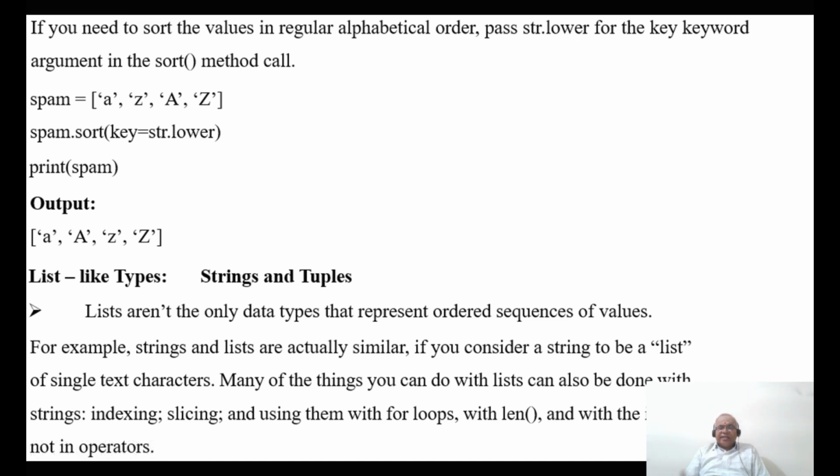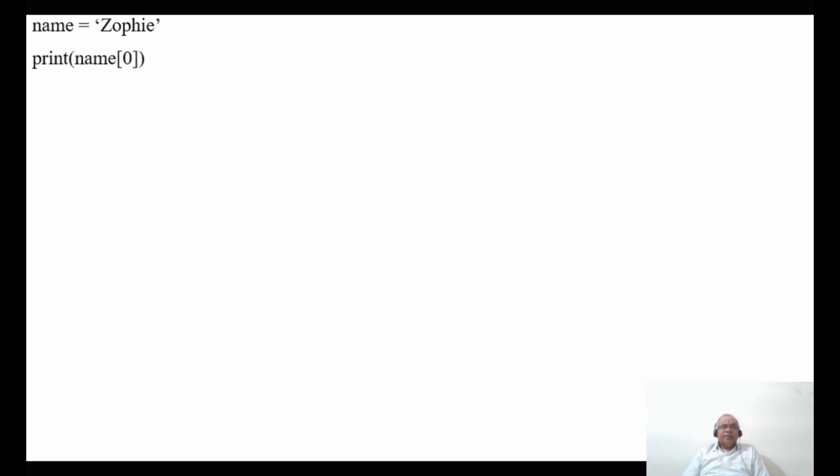If you consider a string to be a list of single text characters, many of the things you can do with a list can also be done with strings. That is, I can do indexing and slicing, and use them with for loops, with the len function, and with the in and not in operators.